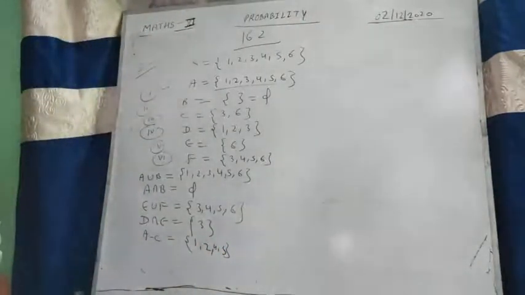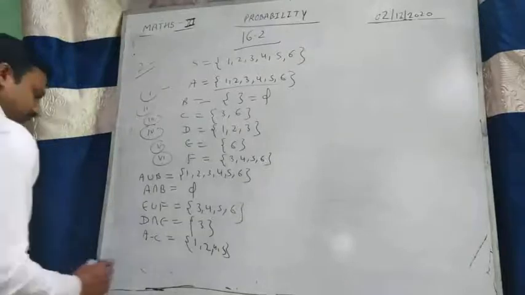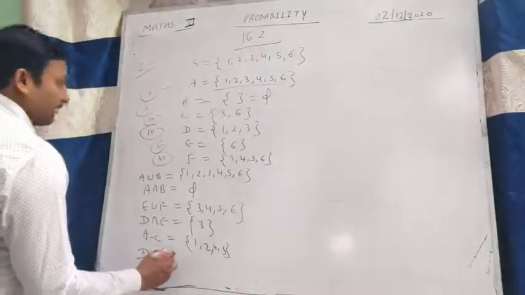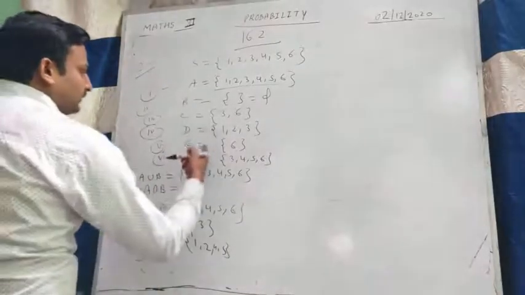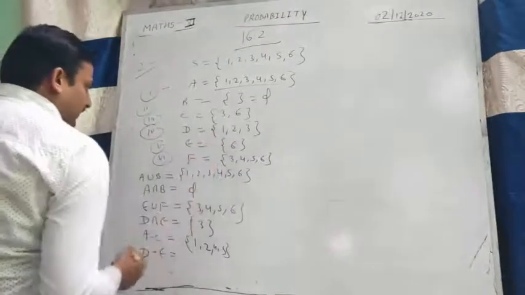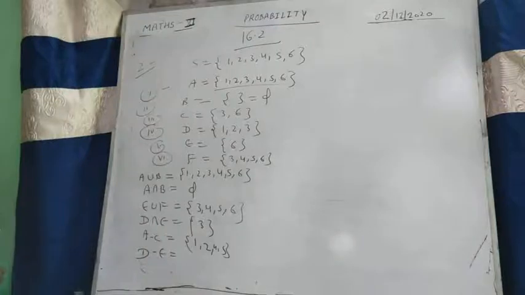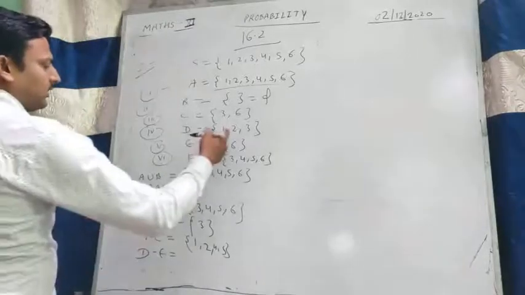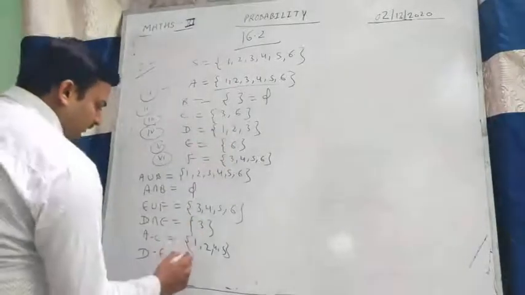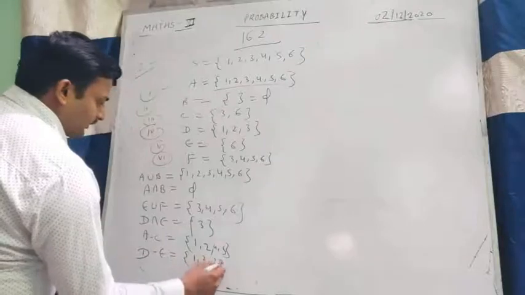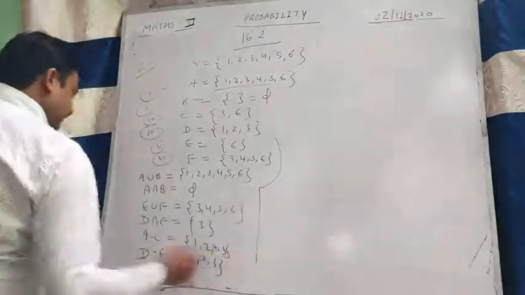Now we have to find D minus E. There is nothing common, so it will be 1, 2, 3. This is D minus E.